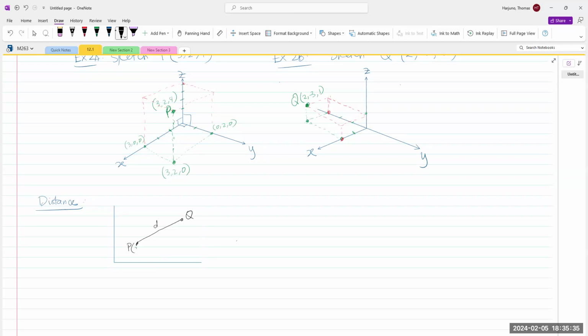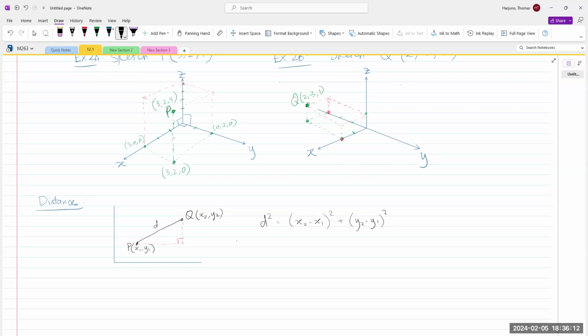Let's say p is (x1, y1), and then q is (x2, y2). Now d is basically the Pythagorean application to the difference in x and the difference in y, right? Okay, so the distance formula is d squared equals the difference of x's squared plus the difference of y's squared.